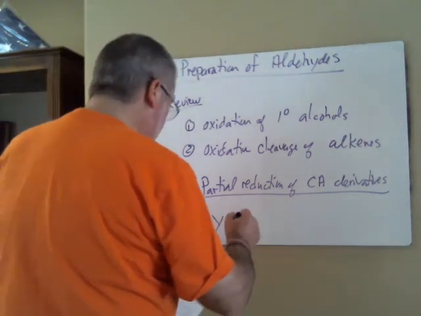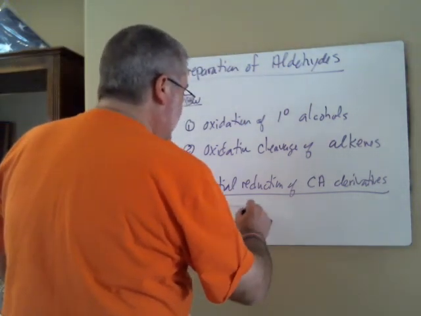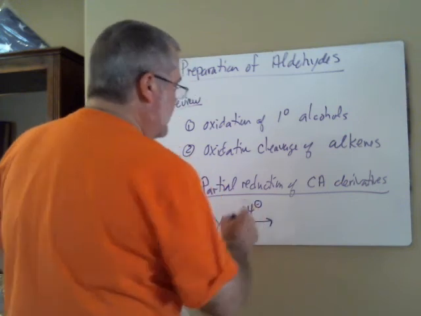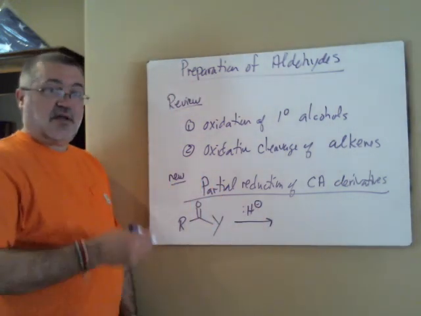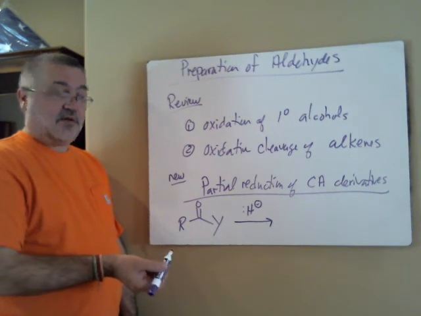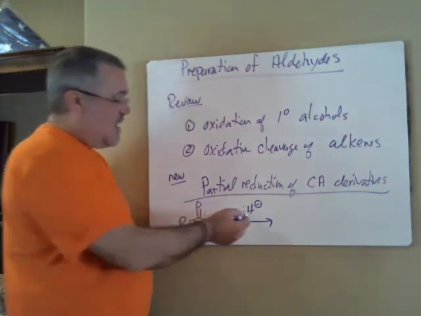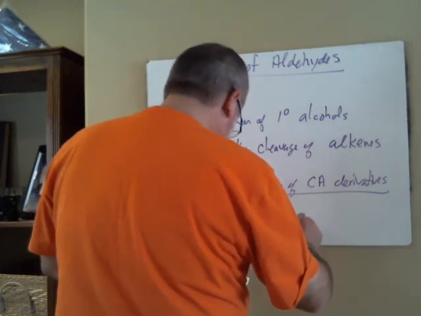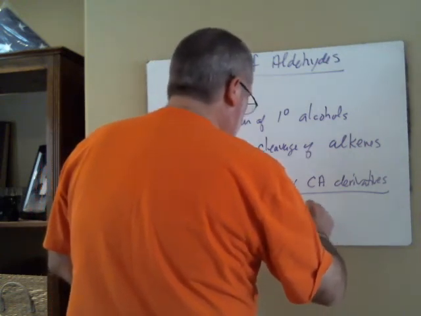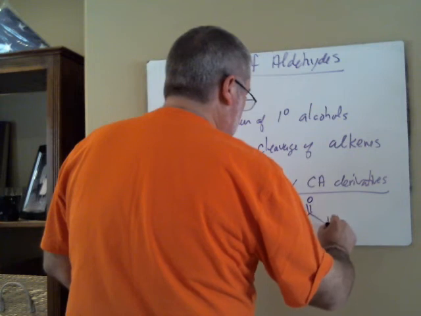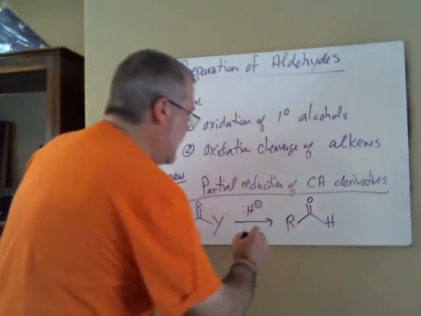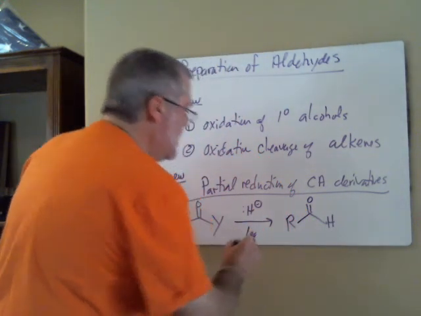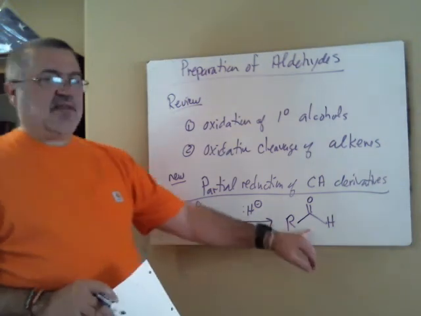And what I'm looking at with a partial reduction is I'm saying, is there some way I can use a hydride reagent, like we talked about in the alcohol chapter, use this hydride reagent and partially reduce it, which effectively means adding one equivalent, because then it would stop at the aldehyde.